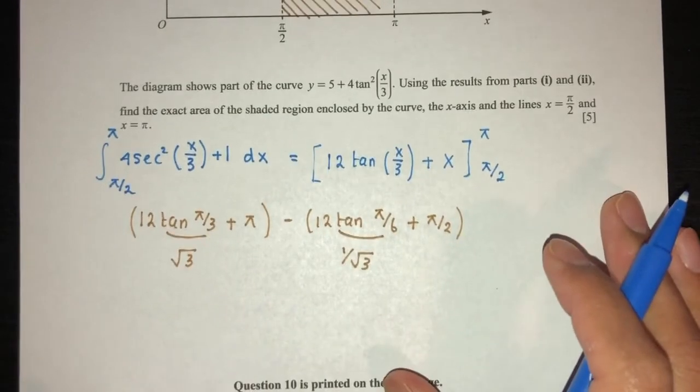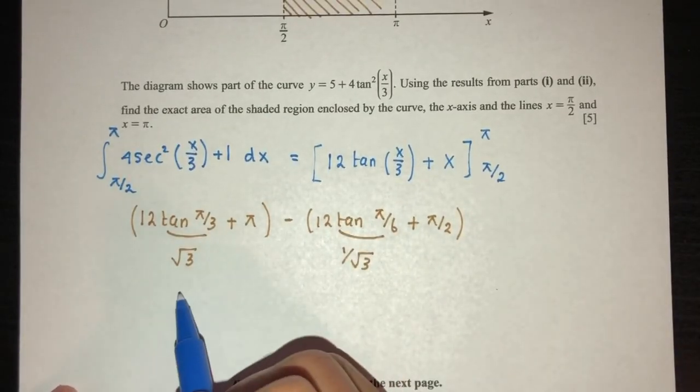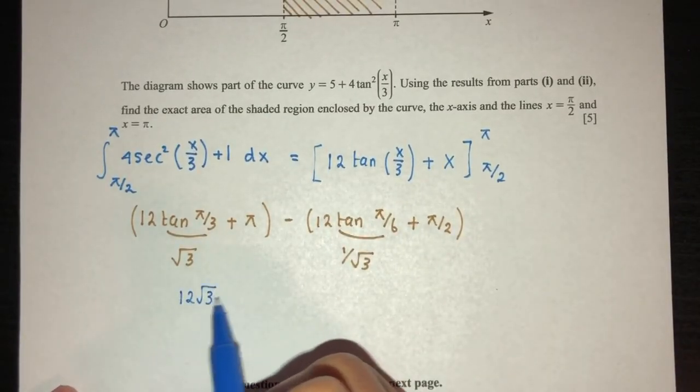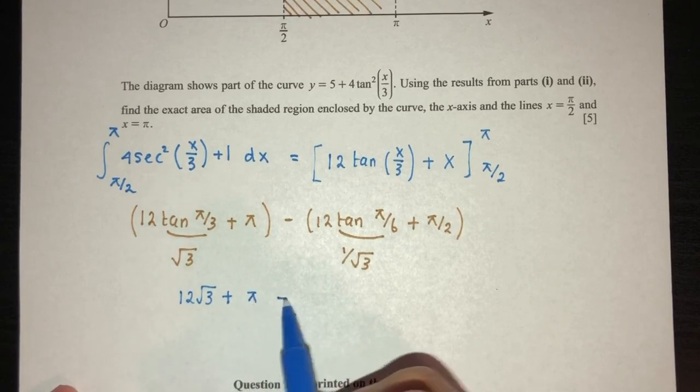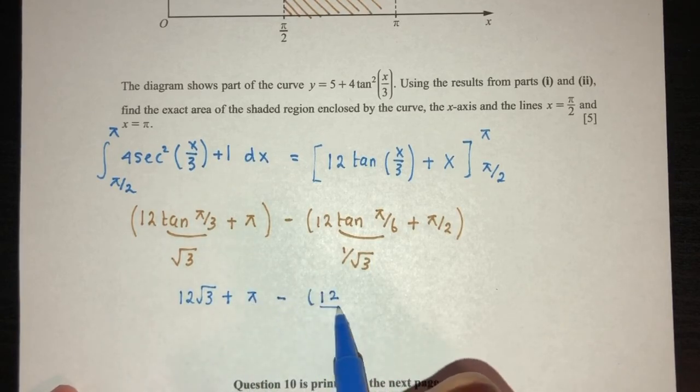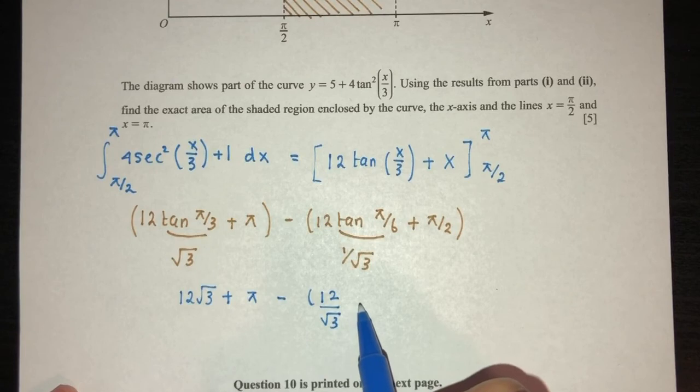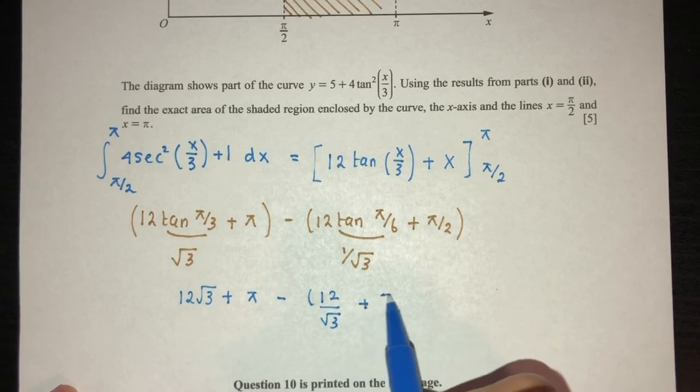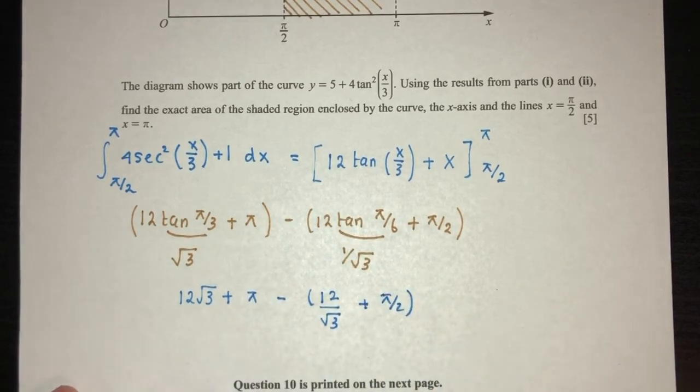Okay, now let's simplify. You will have 12 root 3 plus pi minus 12 over root 3 plus pi over 2. Now we can simplify.